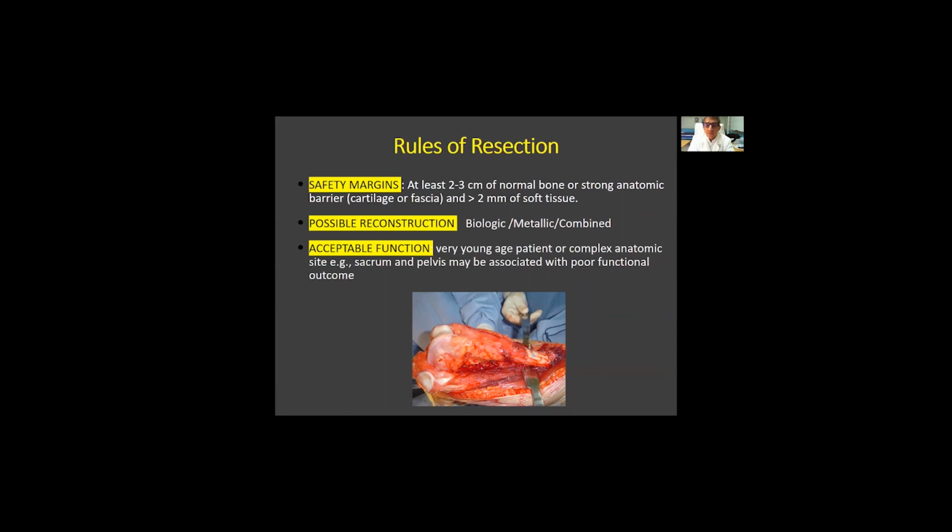Because in some situations, like very young patients, less than 7 or 8 years of age, or in complex anatomic sites like the sacrum or pelvis, surgical resection, even with negative margins, can be associated with a poorly expected functional outcome. And in these patients, amputation may be better indicated rather than salvage.